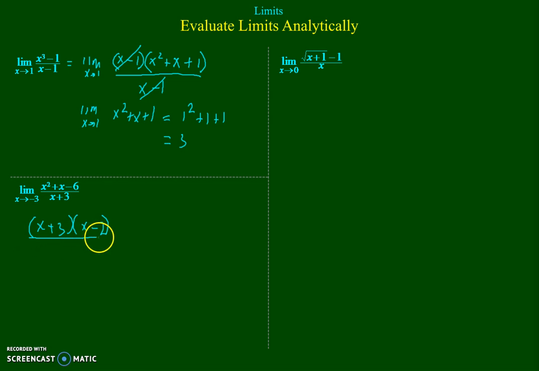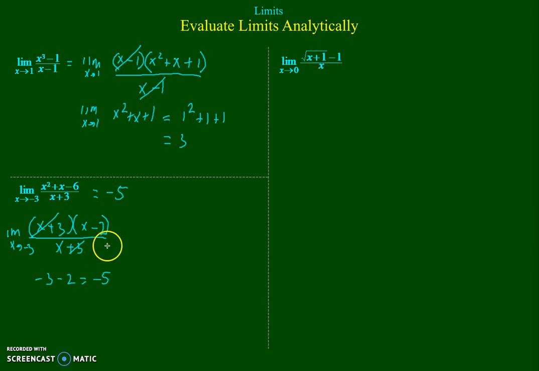So there we go, over x plus 3, and we have the limit as x approaches negative 3. Well, these cancel out, and we can do the direct substitution into this piece here. So we have negative 3 minus 2, which is negative 5. So this limit is negative 5.